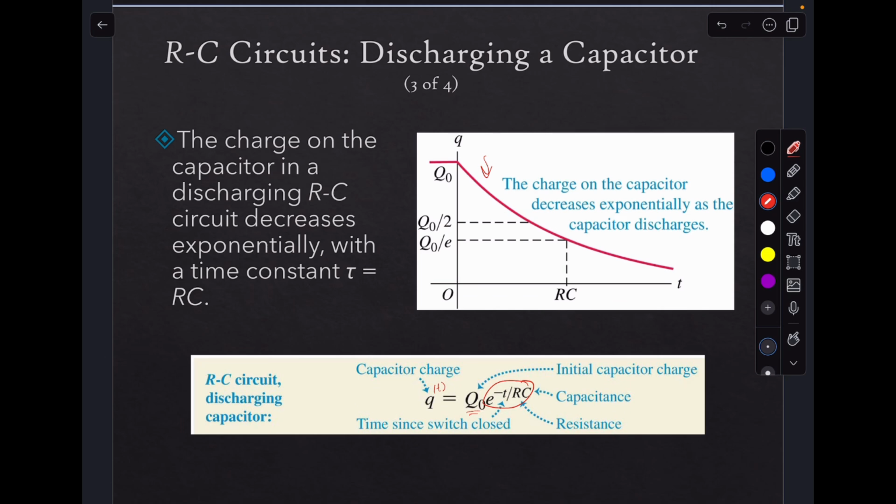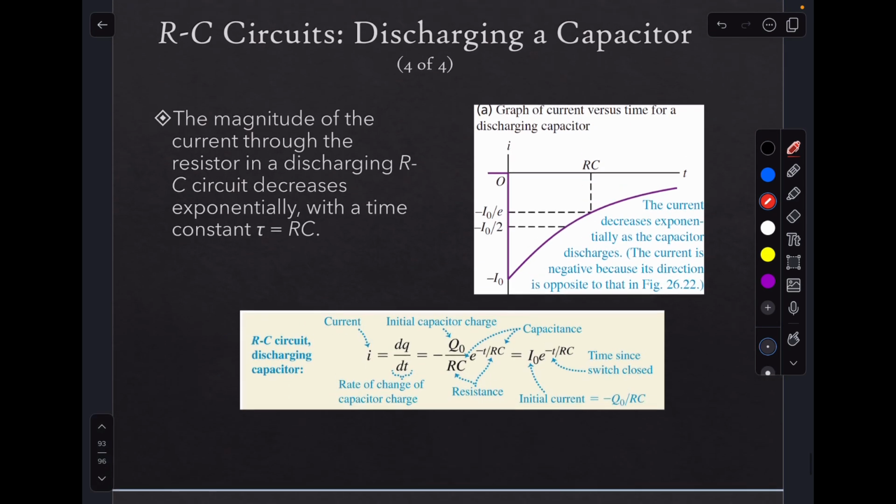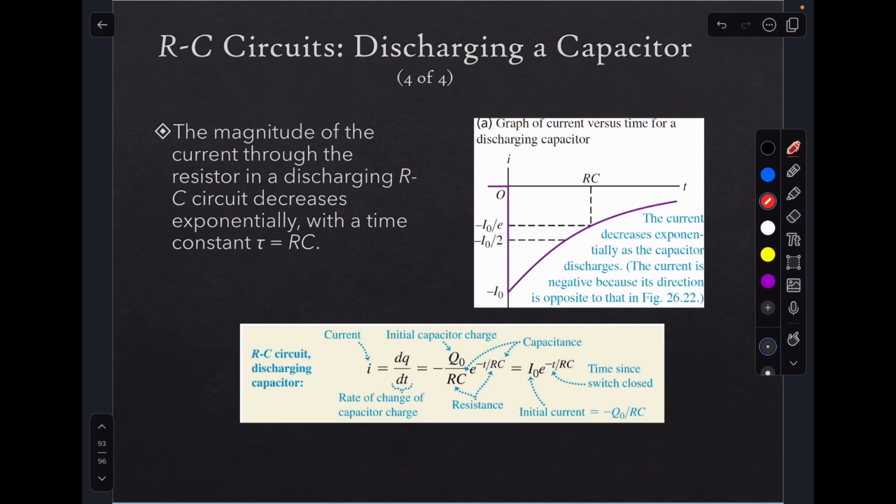What about the current? Well, the current's a little bit more confusing. That's because the direction of the current is actually opposite to what was shown in that figure. But opposite direction of current just puts a negative sign in front of the current. The fact of the matter is that the magnitude of the current is still decreasing with time.